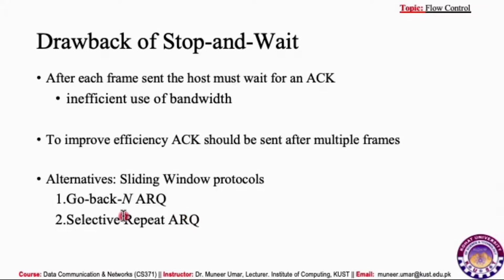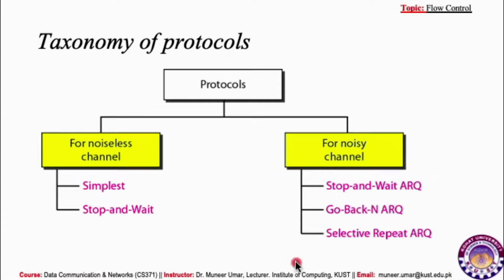We have alternatives, that is the sliding window protocols. These are go back N and selective repeat. So we have ARQ, which stands for automatic repeat request. We will resume this topic in the next lecture by starting with stop and wait automatic repeat request.